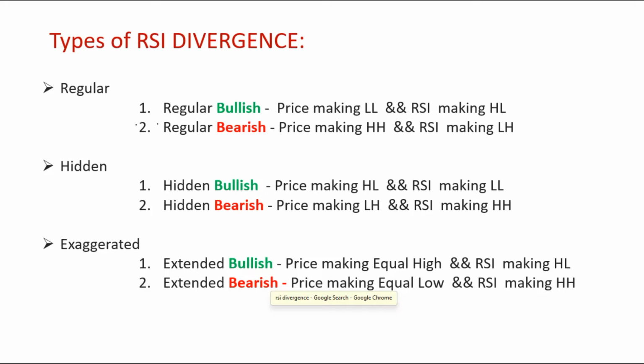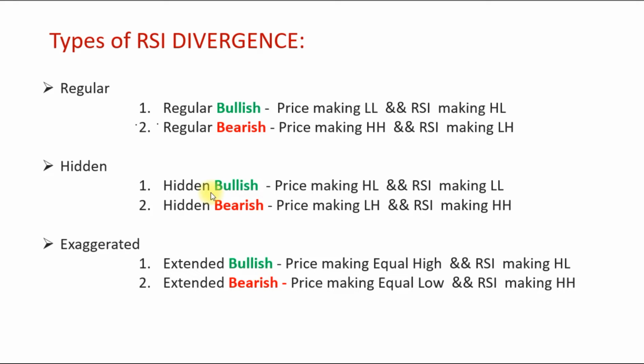Under regular divergence, we have regular bullish and regular bearish divergence. Regular bullish is when the price is making lower lows and RSI makes higher lows, and bearish is when price is making higher highs and RSI makes lower highs.